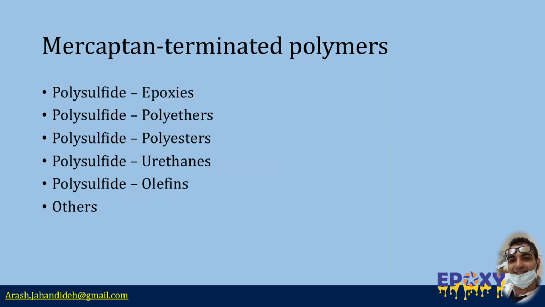It is also possible to cure mercaptan-terminated urethane prepolymers by capping them with non-polymeric polymercaptans, yielding products such as mercaptan-terminated ureas, thiourethane-linked polyesters, or polyether polyurethanes.